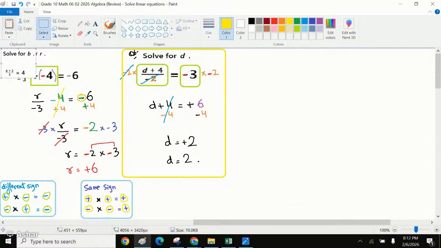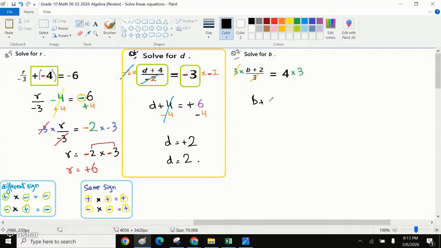Okay, paste. If this was given as question number 7, and we've been asked to find the value of b in this question. So what we can say is, since there was a 3 over here, can we multiply both sides by 3 to remove the 3 from the denominator? 3 cancels out with 3, and we are left with b plus 2 is equal to 12.